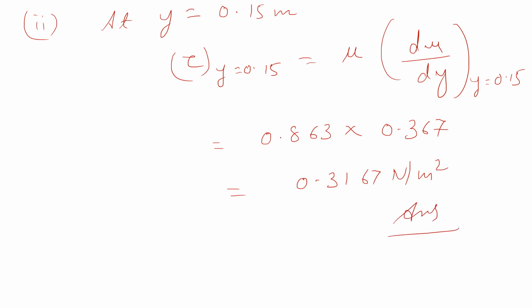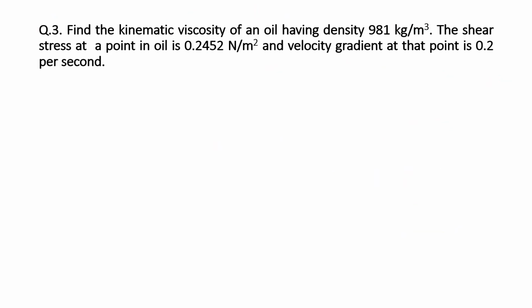The third question is based on kinematic viscosity. It states that we need to find the kinematic viscosity of an oil that is having a density 981 kg per meter cube, and shear stress in the oil is given as 0.2452 Newton per meter square, and velocity gradient at a point is 0.2 per second. So before solving this question, let's define kinematic viscosity.